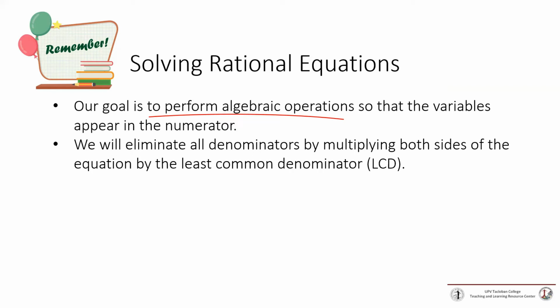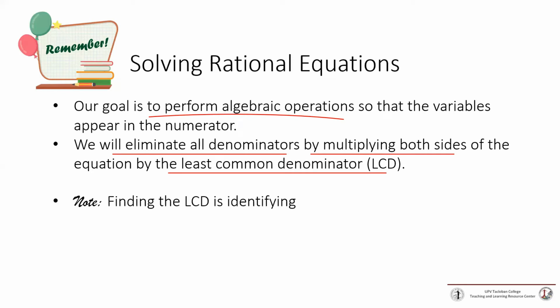So in other words, if we have a rational expression, then to eliminate the expressions in the denominator, we will multiply both sides of the equation by the least common denominator. So we are going to identify the LCD in each side of the equation.